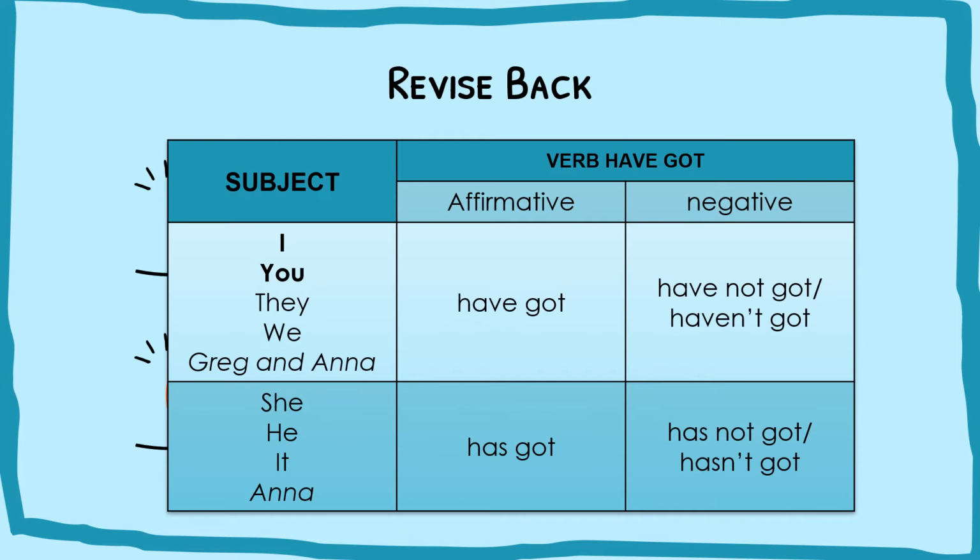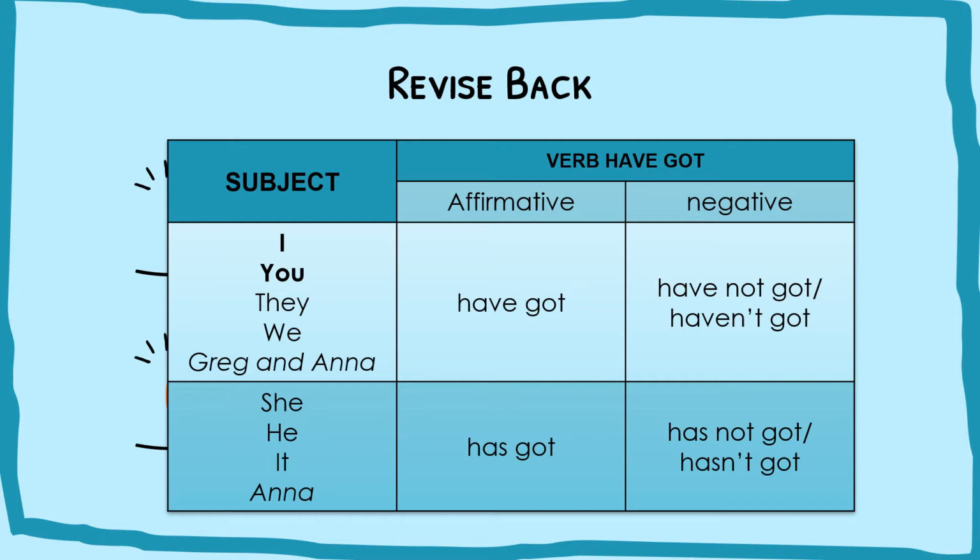Before we start today's lesson, let's revise what you already learned last week. This verb have got table I already taught you in the previous week's lesson, but it's okay, I'm going to revise it for you.